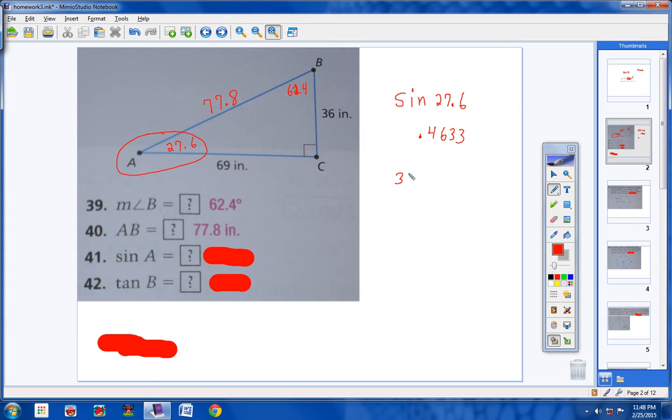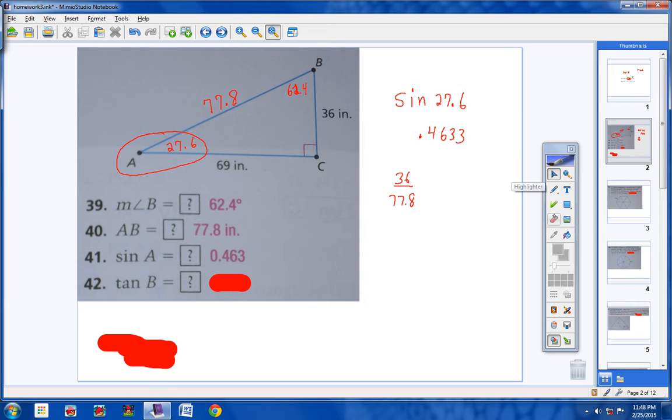So 36 over 77.8. So take your calculator and type in 36 divided by 77.8, and guess what you'll get? 0.4627. You're off by about 1/1000th, okay? But definitely close enough. And so either one of those two ways would work, okay?